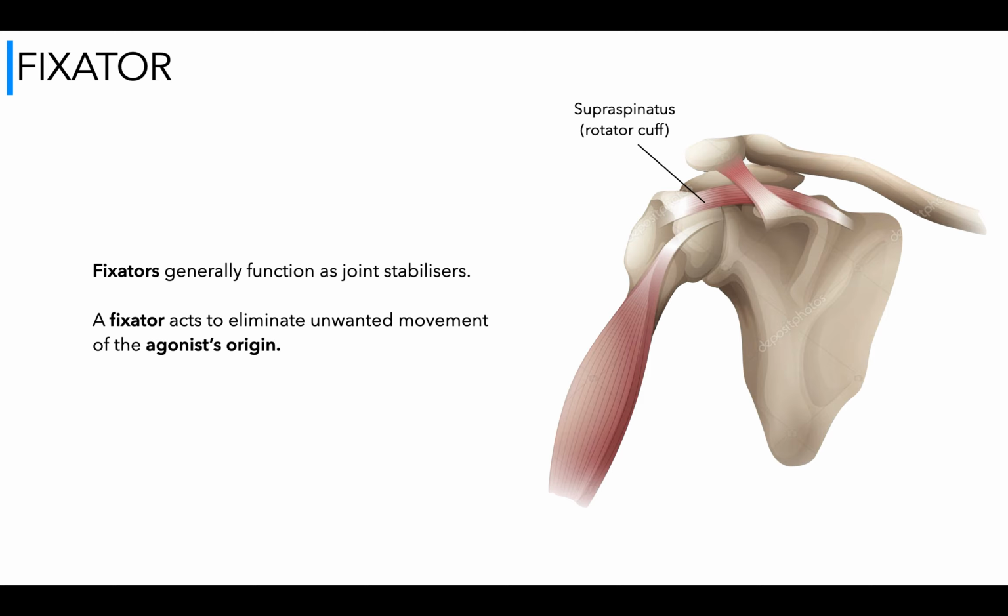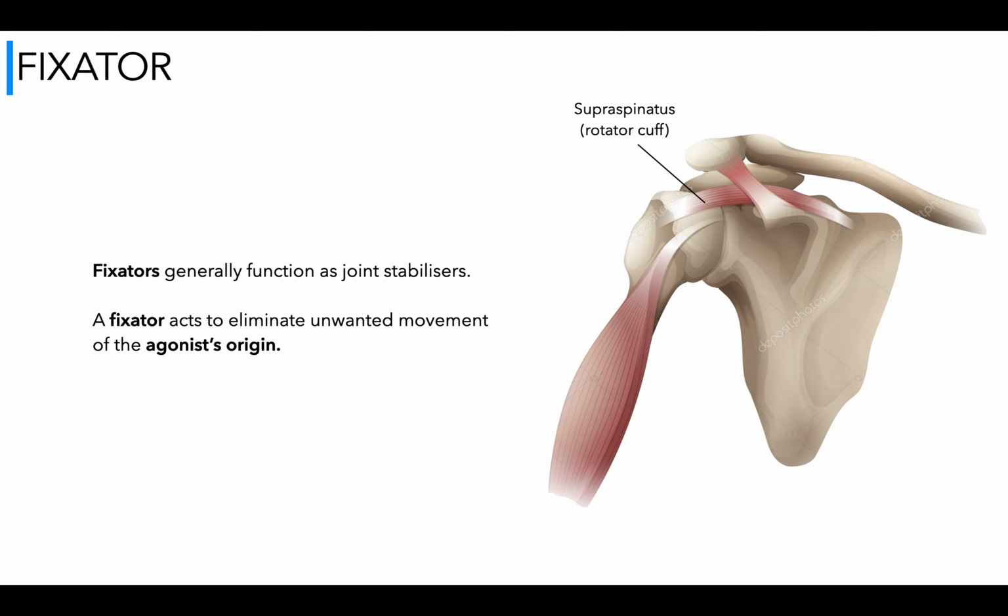As you can see there, the biceps brachii is attaching to the scapula, and we can see one of the rotator cuffs helping as a fixator, as it also has attachment points there. We could also say this is the deltoids in our bicep curl, helping to do that.